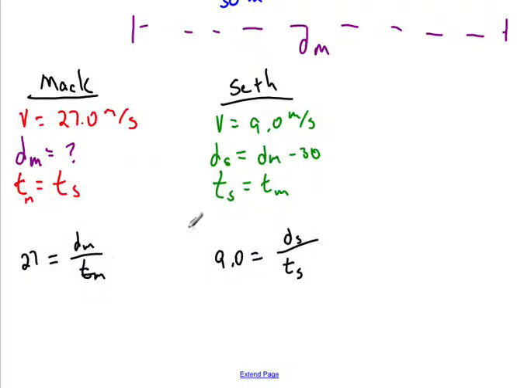I see that I have two equations here. I'm going to make Seth's stuff have the same variables as Mac's. Instead of saying he's going the distance of Seth, I'm going to say he's going the distance of Mac minus 30. So I can go 9 equals the distance of Mac minus 30, and instead of using the time of Seth, I'm going to say it's the same time as Mac.